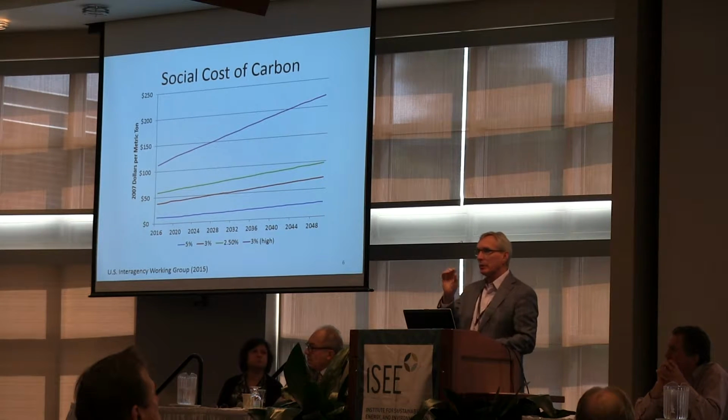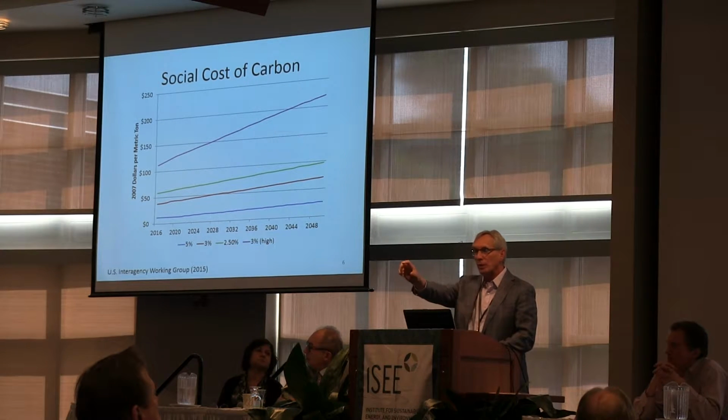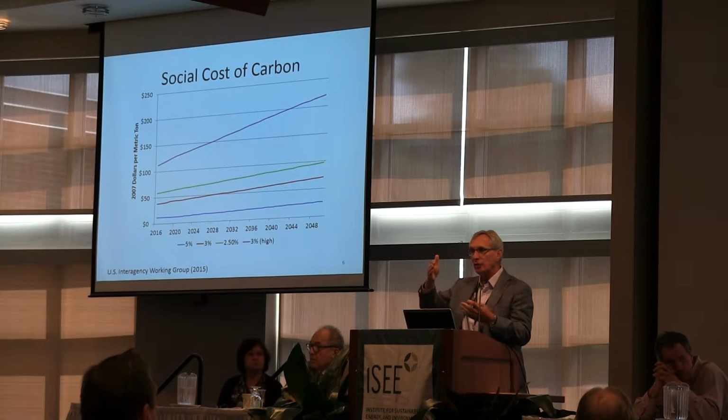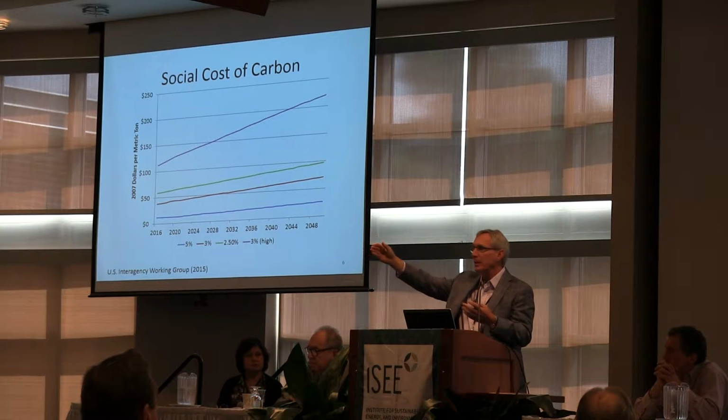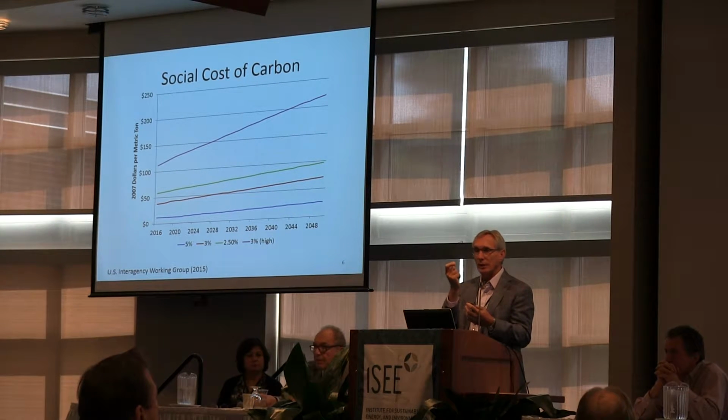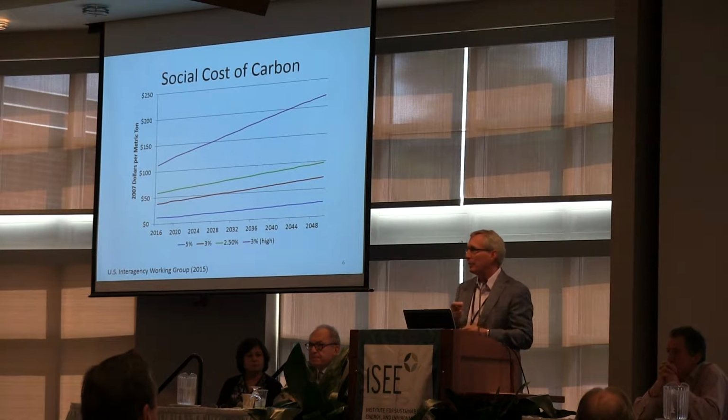And what they're doing is they're running these models. They add 1 more ton of carbon dioxide into the model. They crank the model. They see how damages change. There are damage functions in these models for each year, going out hundreds of years. Then they discount those back to the present, add them up, and that becomes a measure of the incremental damages from that ton of carbon.